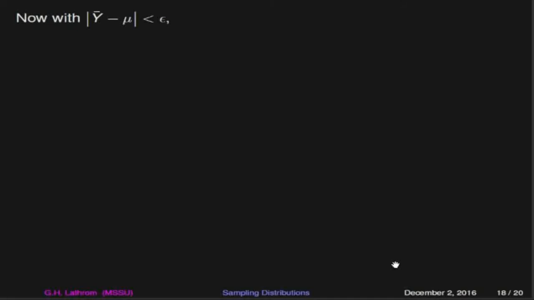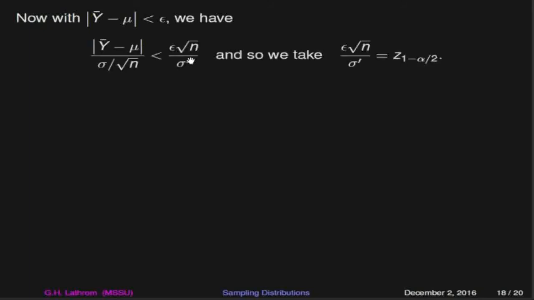Now, if we want our error between the value we're estimating and our mean to be less than epsilon, then we have this expression, where we know that our actual standard deviation sigma is going to be smaller than sigma prime, or 1 over sigma is going to be smaller than 1 over sigma prime.